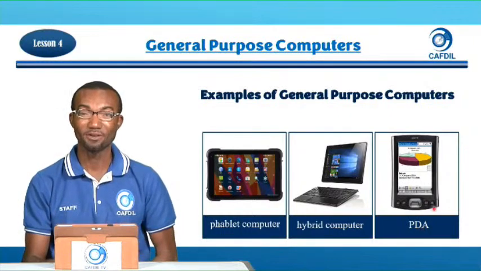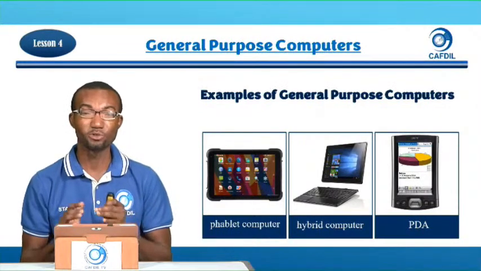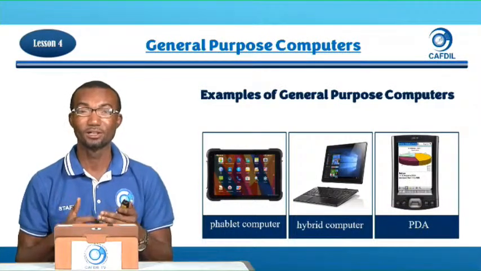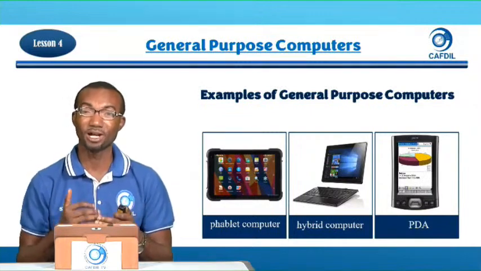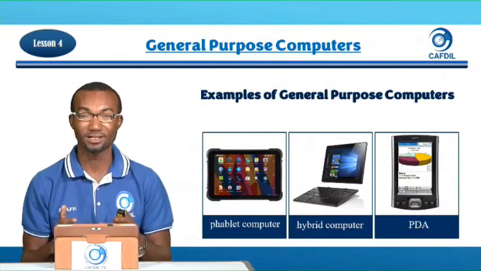The next one we have here is the PDA, and the PDA means Personal Digital Assistant. This Personal Digital Assistant is not normally used for calls, but apart from calls, you can use it to schedule your appointments, you can use it to browse the internet, you can use it to check your mails and the rest.